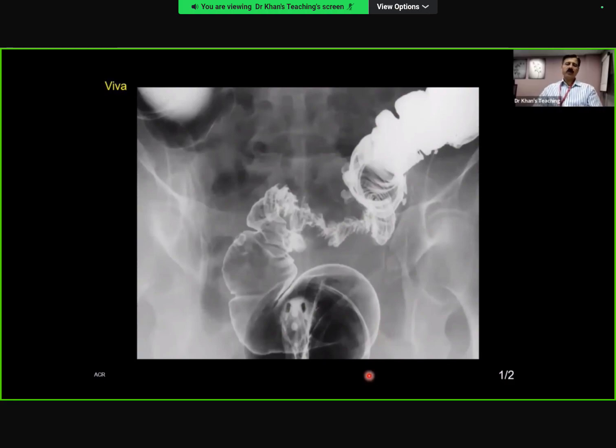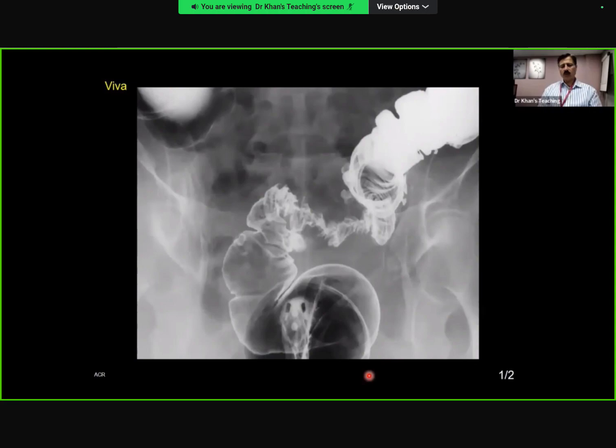Now, you are using two different terms here. Now, I'll take over. You should have a very clear-cut idea about what happens in diverticular disease. This word should be in your vocabulary: diverticular disease, then diverticular stricture, then diverticulitis, or you can say complicated diverticulitis when you see fistulae.